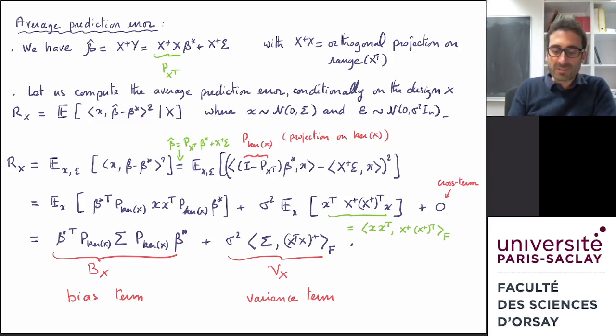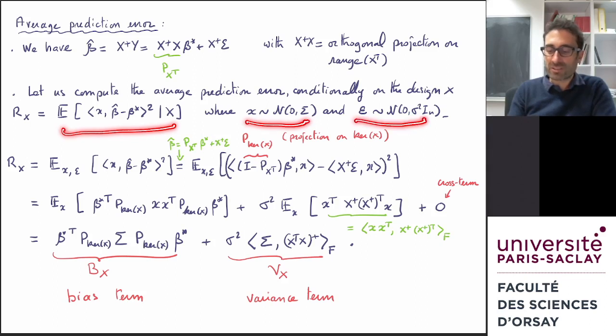Okay? So this corresponds to the average prediction error conditionally on the design x. So I take this expectation, where x follows the Gaussian distribution N(0, sigma), and epsilon is a Gaussian vector with covariance sigma squared identity.